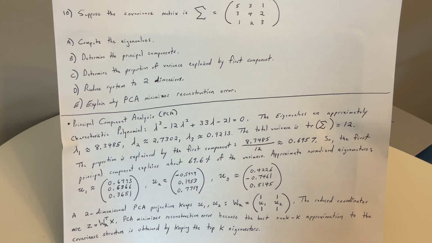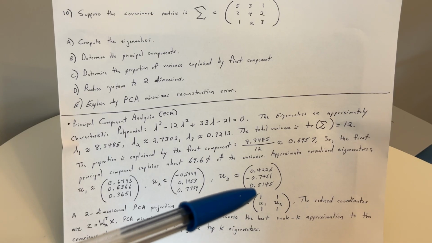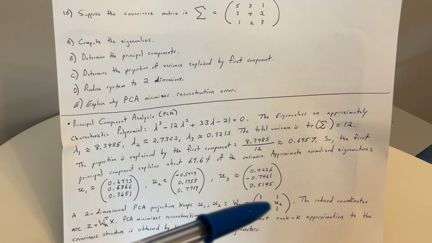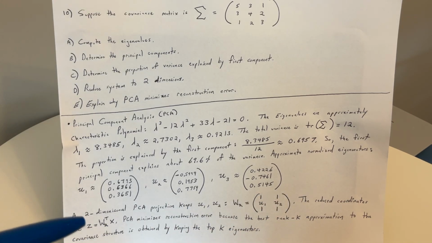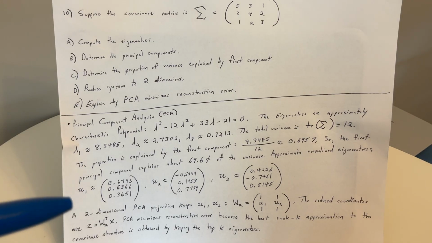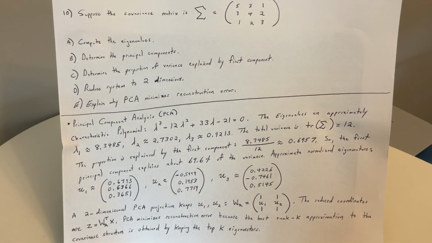So a two-dimensional PCA projection keeps u sub 1 and u sub 2, and W sub 2 equals the u sub 1 and u sub 2 here. So the reduced coordinates are z equals W2 transpose x. PCA minimizes reconstruction error because the best rank k approximation to the covariance structure is obtained by keeping the top k eigenvectors. Okay, so that is number 10.